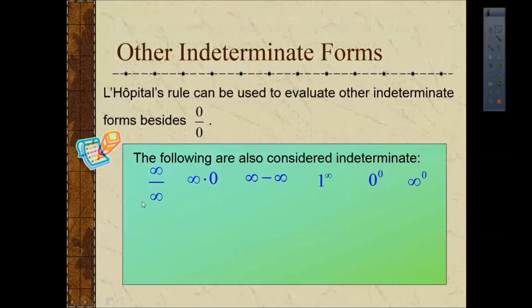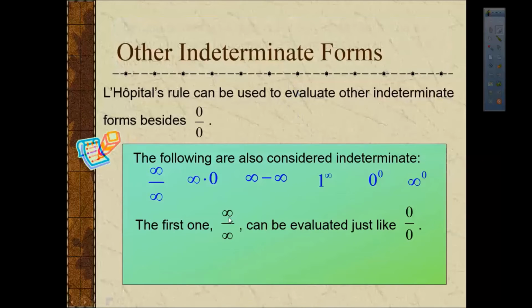So let's take a look at each of these other indeterminate forms and see how L'Hopital's rule tells us to deal with those. The first one, infinity over infinity, we can simply evaluate just like 0/0: take the derivative of the numerator, derivative of the denominator, and try direct substitution again. Hopefully after enough applications of L'Hopital's rule, we'll get to a solution.